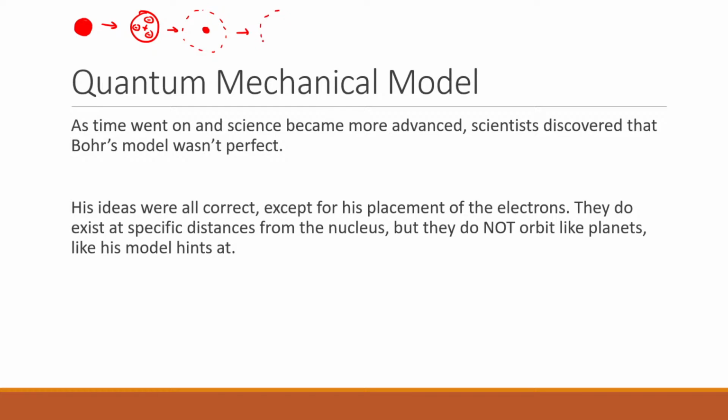It takes Bohr's idea that there are these distances from the nucleus that electrons can exist at, and it refines it down to something more complicated but much more accurate. It introduces the idea of orbitals, which are regions of probable electron location.